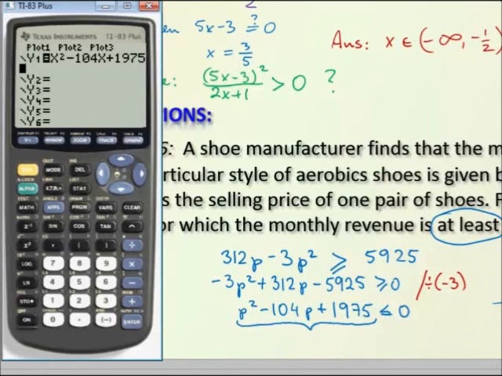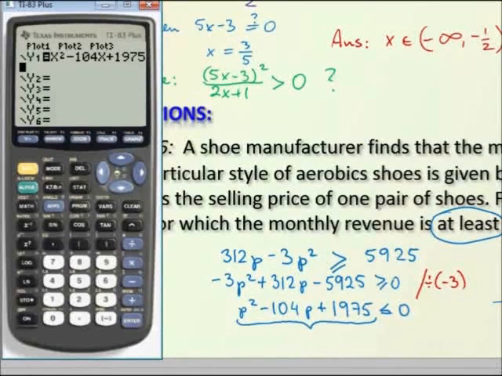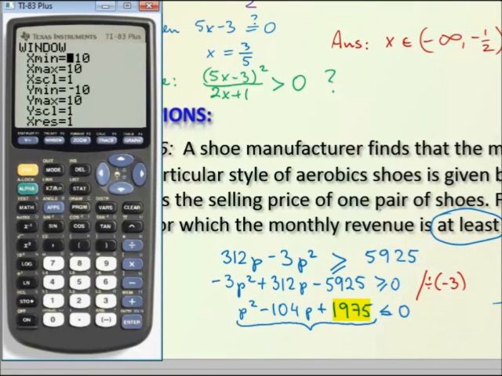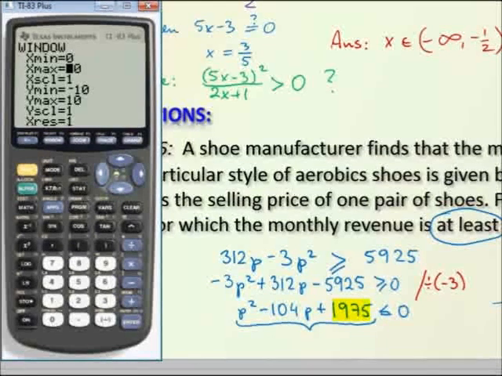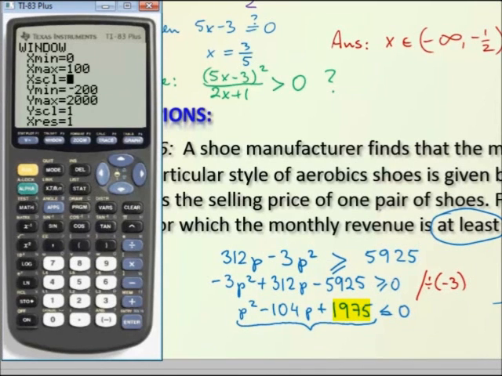We want to graph it in a system of coordinates such that when p is 0, I should see this number. So I need to change the window. For example, start with x minimum from 0 up to, well, let's use 100, and y negative 1,000, and y maximum about 2,000.